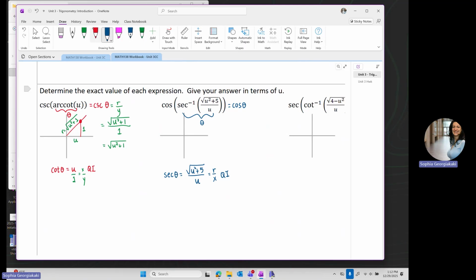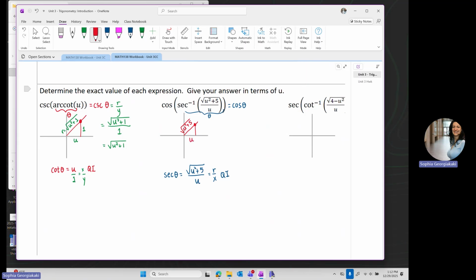So I'm going to draw my angle in quadrant 1. Let me delete this theta. I'm going to write it a little higher. Okay, there we are. So I'm going to pick a point on the terminal side. I'm going to attach it to the x-axis. The r is the square root of u squared plus 5. The x is the u.